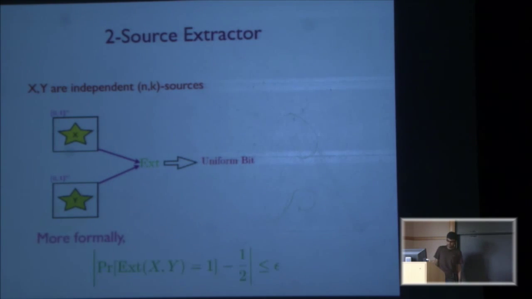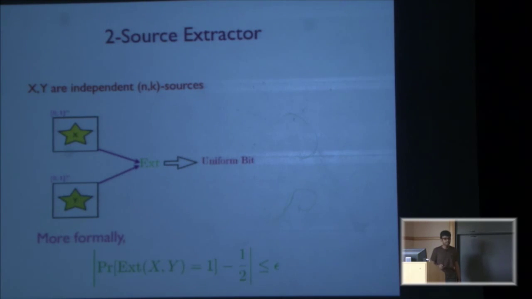More formally, for simplicity, I'm just saying that it outputs one bit, but in general, the goal would be to output more bits. But for this talk, since our extractor just outputs one bit, more formally, the probability that the output of the extractor is 1 is close to 1/2, where the probability is over the sources x and y.